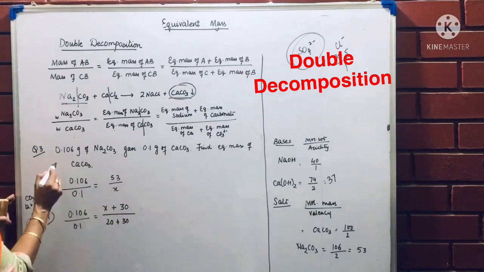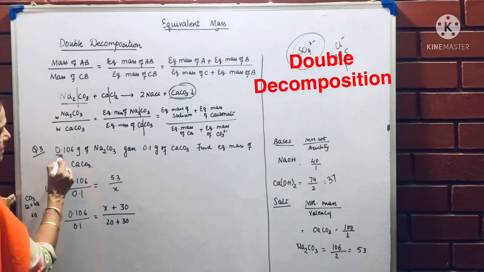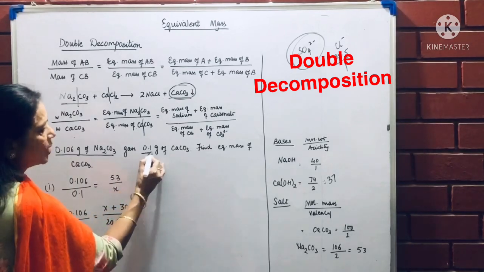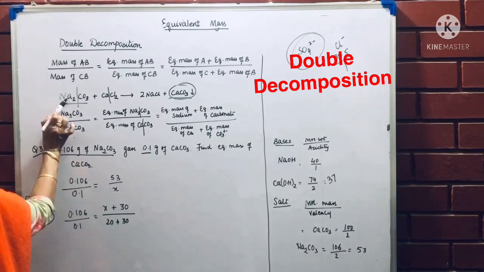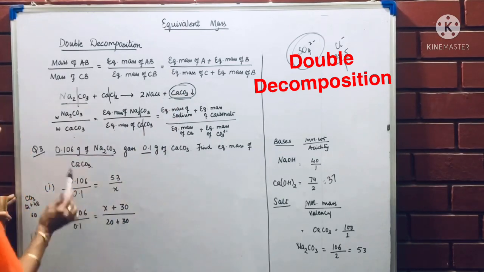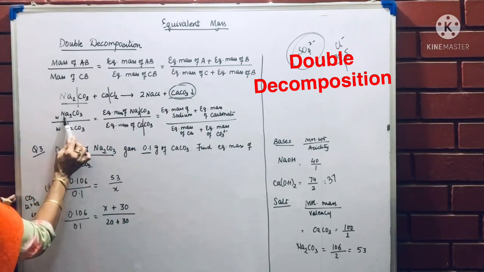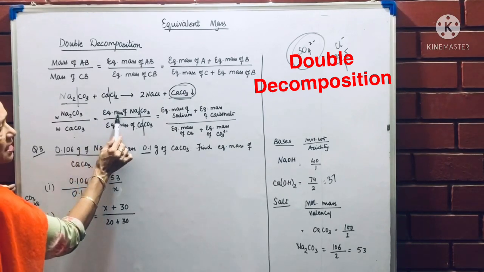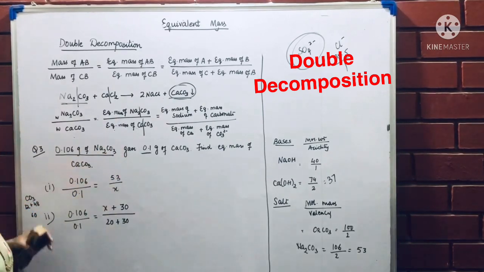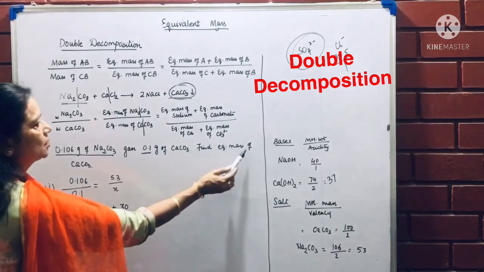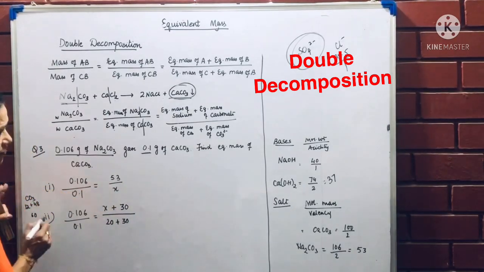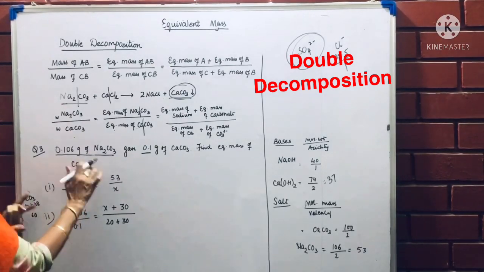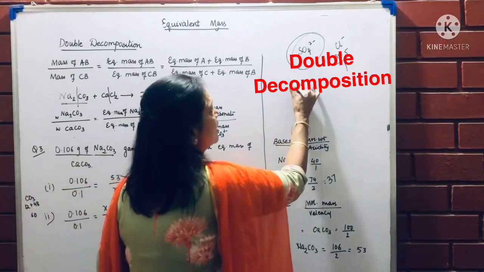Now see the question here. 0.106 grams of sodium carbonate gave 0.1 gram of calcium carbonate. I have these two compounds, so I use the formula: weight of Na2CO3 upon weight of calcium carbonate is equal to equivalent mass of sodium carbonate upon equivalent mass of calcium carbonate. Find the equivalent mass of CaCO3. They have not given me the equivalent mass of sodium carbonate, but I can find it myself.